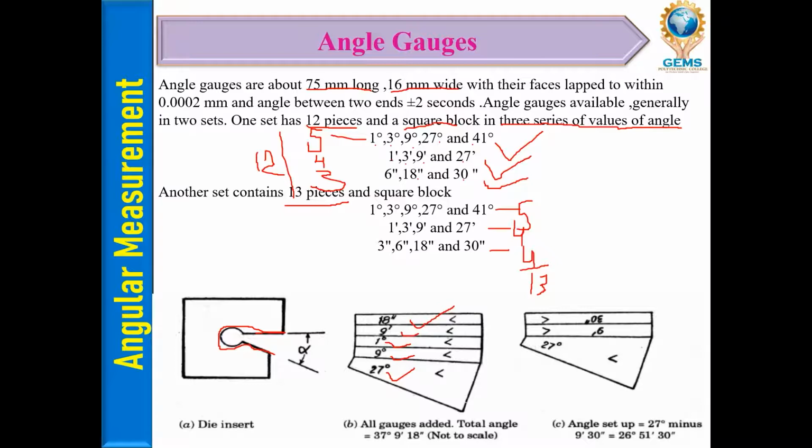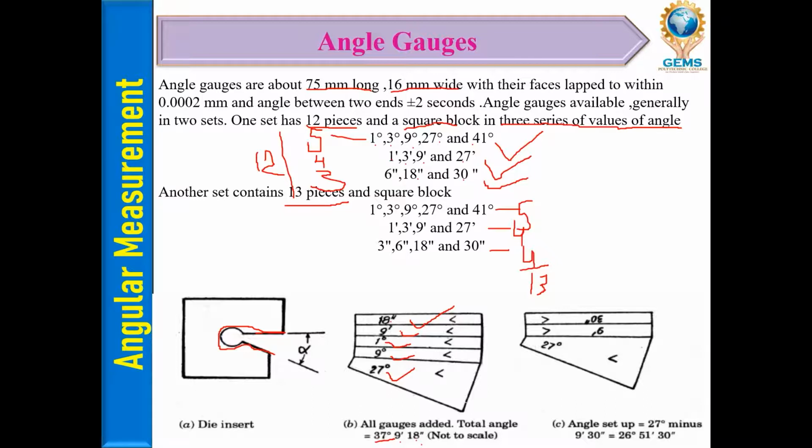So 27 plus 9 plus 1 is 37 degrees. Only one 9 minutes piece is there, and 18 seconds, so the total reading is 37 degrees 9 minutes 18 seconds.